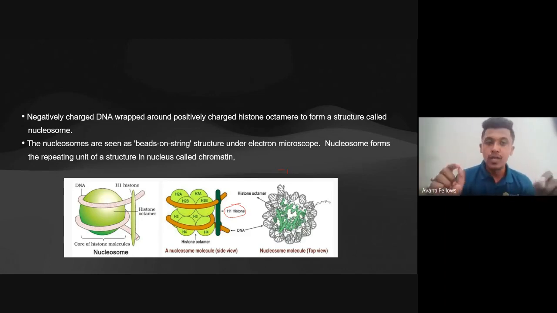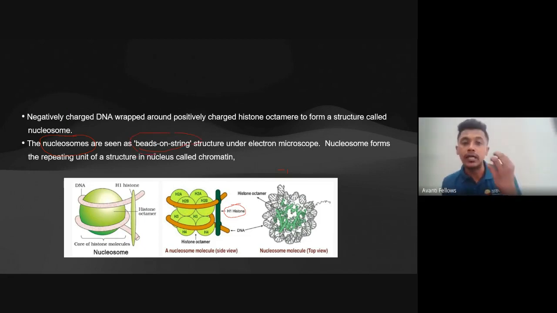So this pearls on the string or beads on the string model is also called a nucleosome. Understood? First it was seen under the microscope and it was visible to the eyes, so that's why it was called the beads on the string model. And it is also called a nucleosome structure.